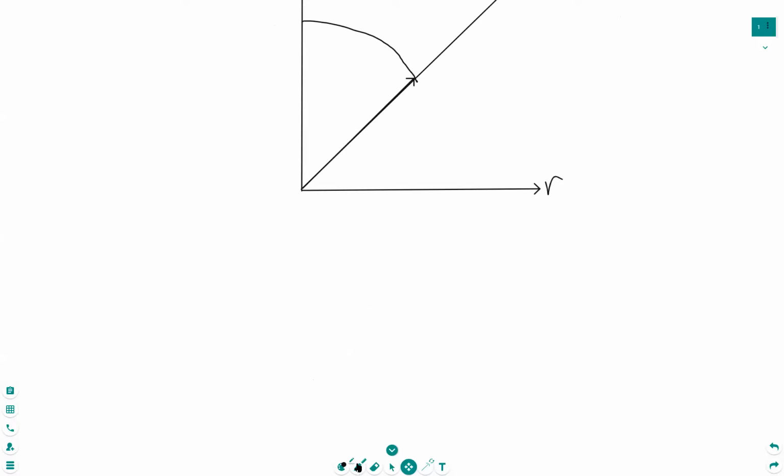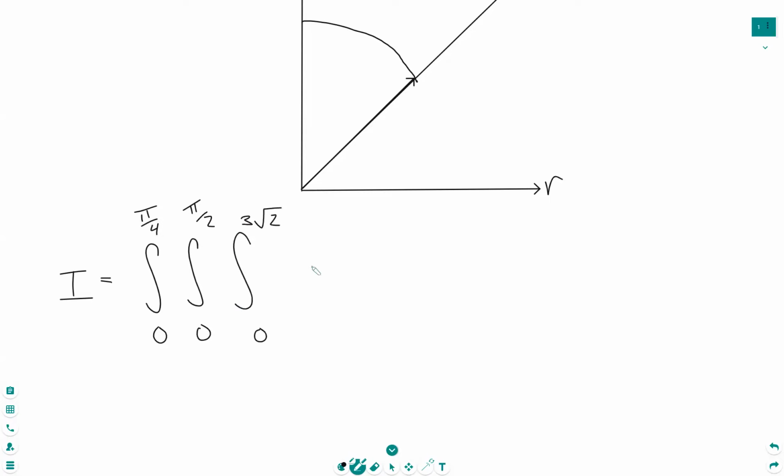So with that, we can rewrite our integral bounds: we go from 0 to pi over 4 in phi, and we go from 0 to pi over 2 in theta, and then we can rewrite the square root of 18 as 3 times root 2. And then we're doing d rho, d theta, d phi.